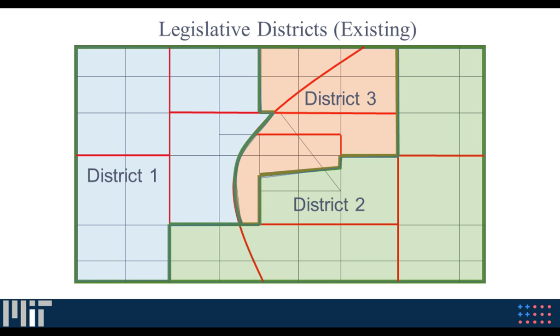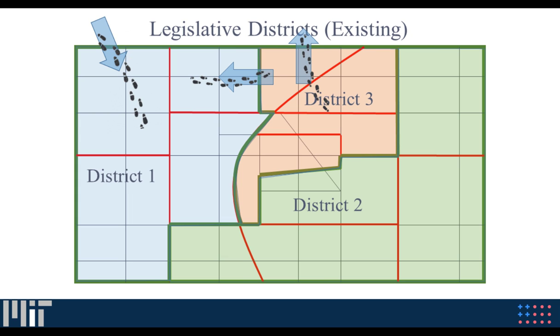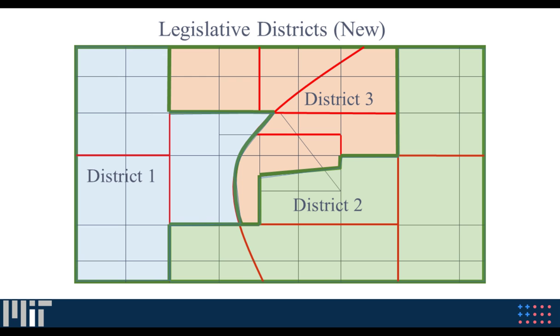Well, we know that between, say, one census and the other, people move into parts of a geography. Let's call it a state. They move in and out of the state. They move between parts of the state, and as a consequence of all this movement, at the next redistricting round, there are imbalances in the various districts that need to be accounted for.